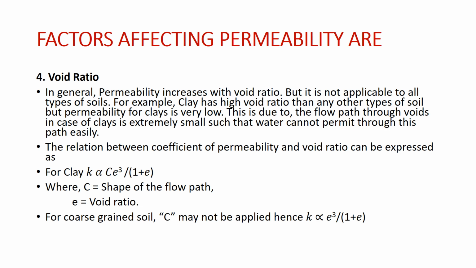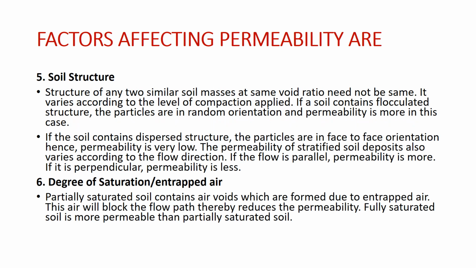Now, if we talk about the soil structure, any two similar soil masses with the same void ratio need not have the same permeability. Suppose the soil contains a flocculated structure with particles at random orientation, then permeability is more, and if it contains a dispersed structure like in clays, then it will have less permeability.